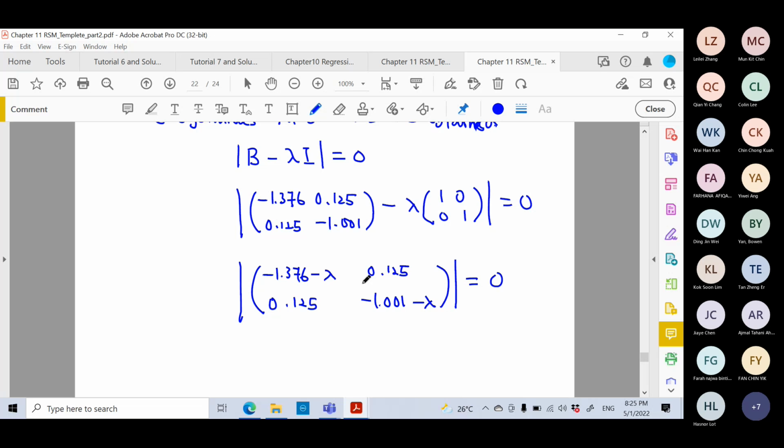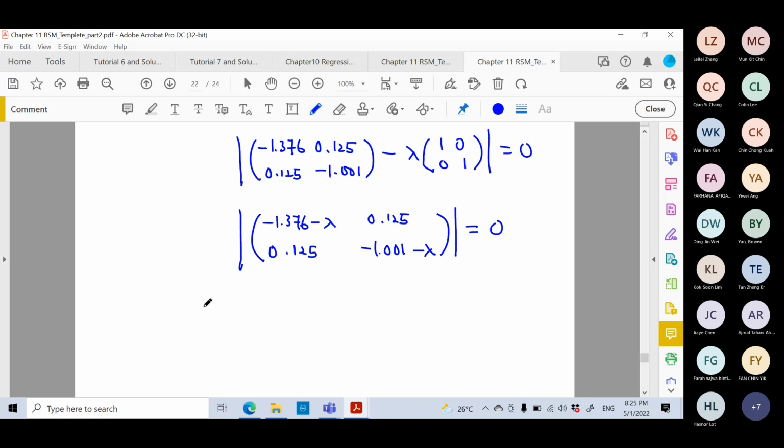This one is not the absolute value, it's a determinant. The determinant is just the cross product here, because this is a 2 by 2.